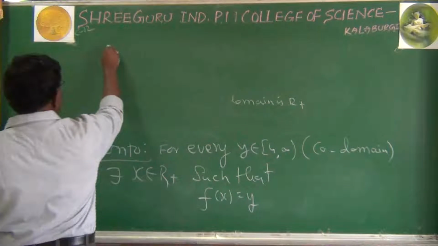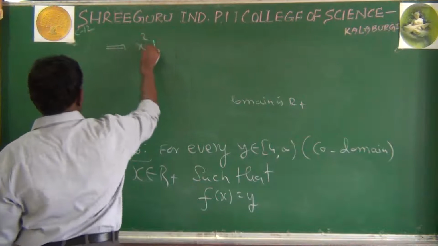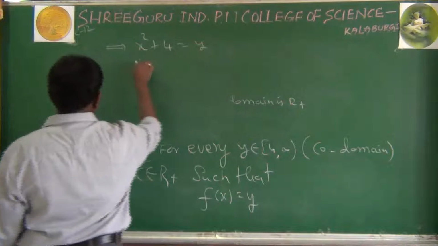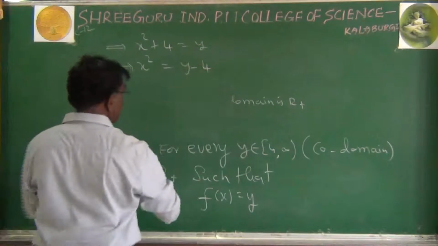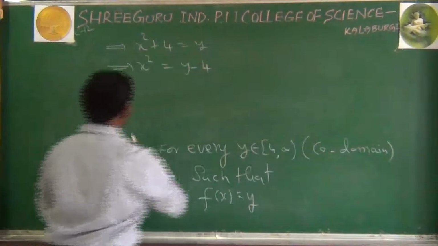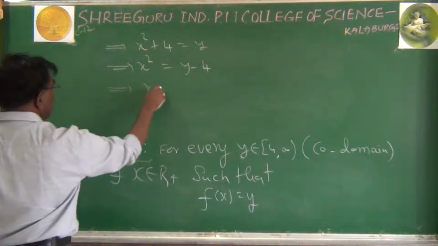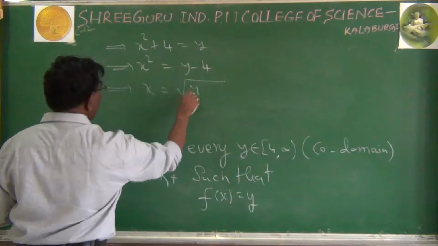What is f of x? f of x is x square plus 4 equal to y. x square equal to y minus 4.